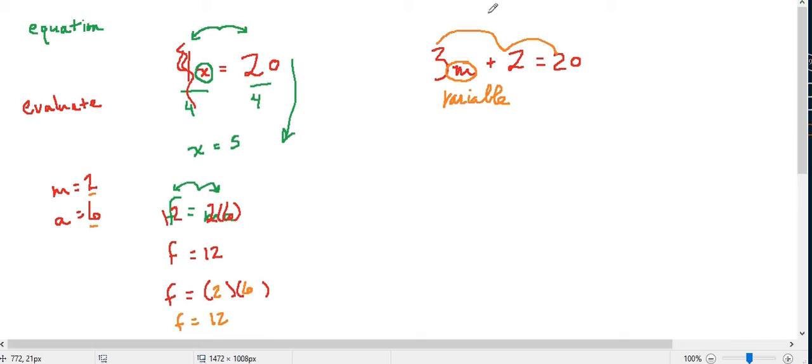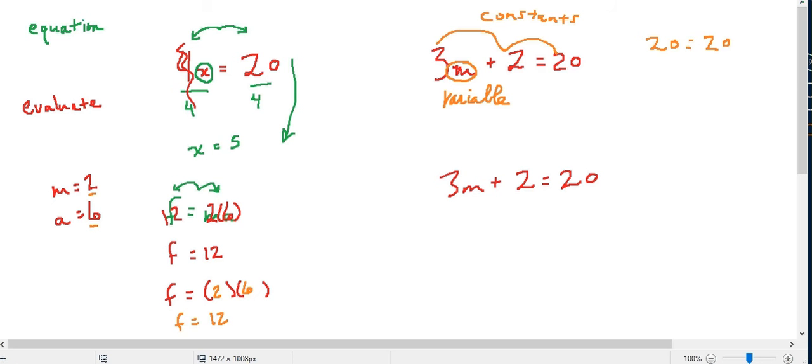These are called constants because they're constantly the same value. 3 is always 3. 20 is 20, right? So it's a constant. To solve this equation, we're not going to evaluate because I'm not going to tell you what m is worth. We're just going to solve because we only have one unknown. As long as we have everything else but one unknown figured, we can solve.